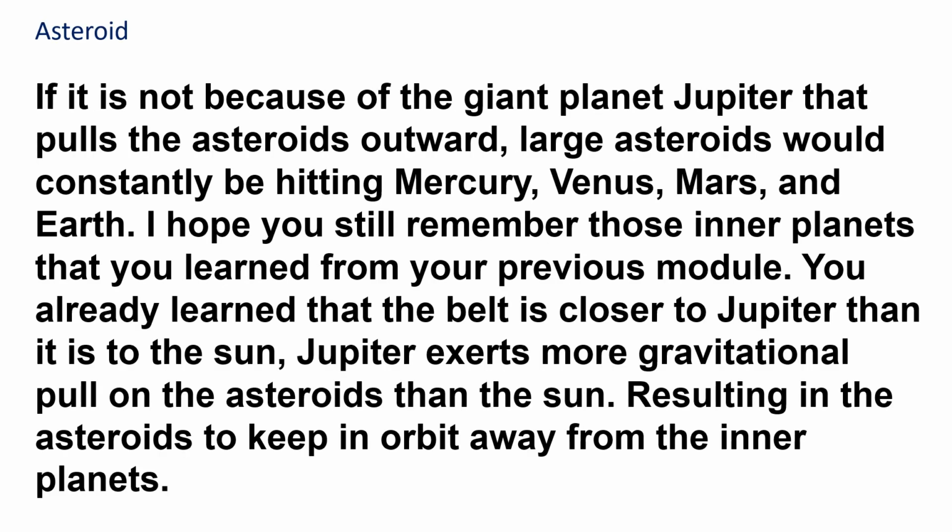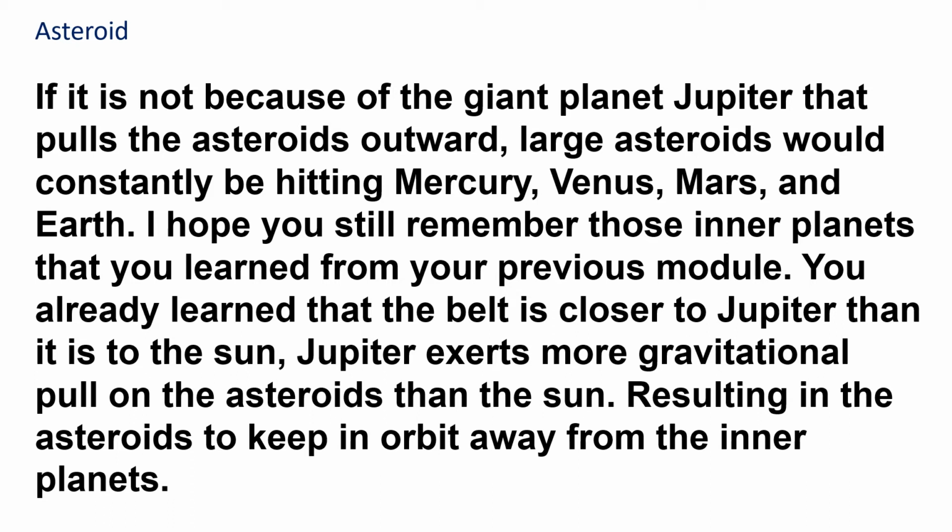If it were not for the giant planet Jupiter pulling the asteroids outward, large asteroids would constantly be hitting Mercury, Venus, Mars, and of course, the Earth. I hope you still remember those inner planets that you learned from your previous module.